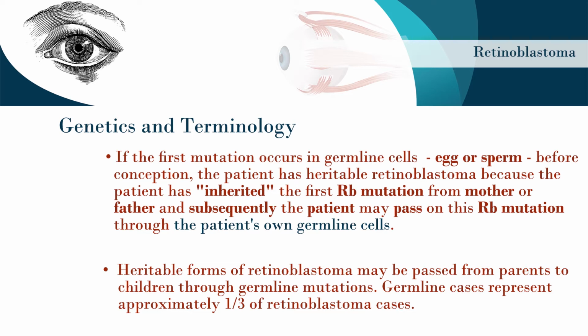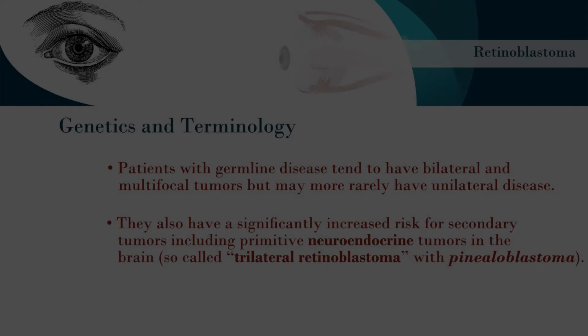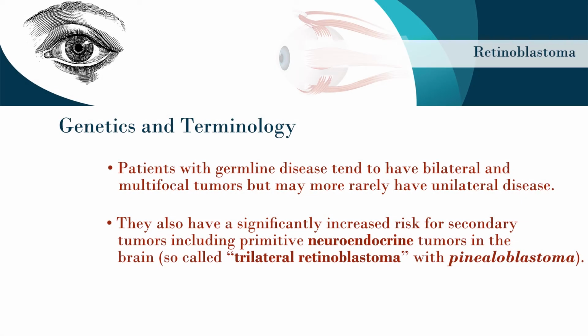The germline cases represent approximately one third of retinoblastoma cases. Patients with germline disease tend to have bilateral and multifocal tumors, but may more rarely have unilateral disease.